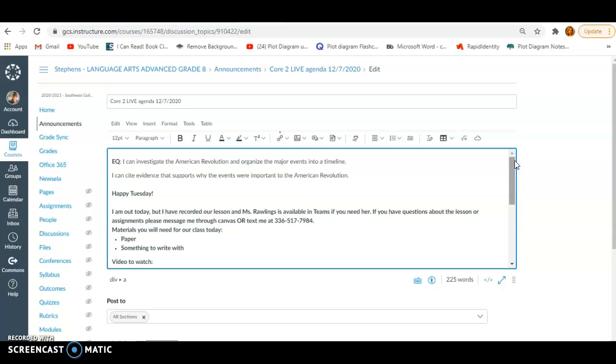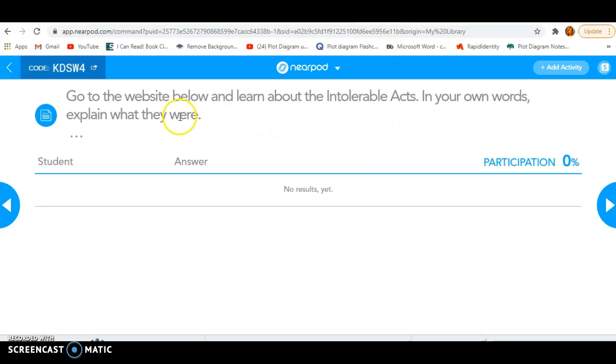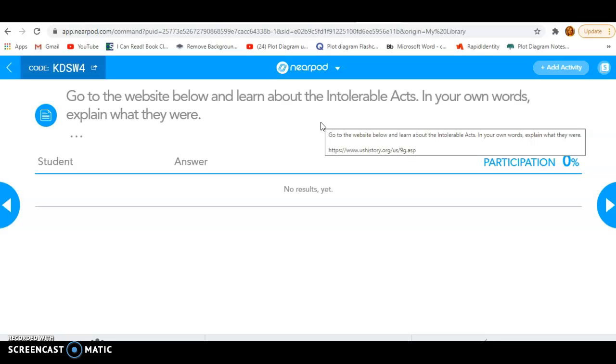You can pause right now, go to the Nearpod, and do the research slides. You don't have to watch the video again, but you can do the pages about the Intolerable Acts. There are 2 slides that you need to do. When you're done with those 2, please come back to this video. So go ahead and pause.